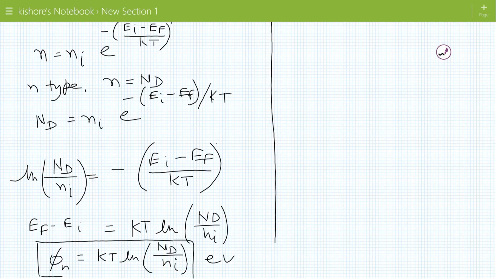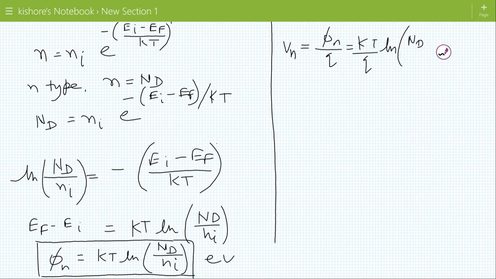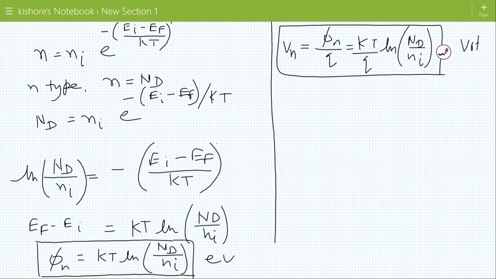Now, if we have to write this potential in volts, then this is phi n by q, or kT by q ln Nd by Ni. This is the expression for the electrostatic potential of an n-type semiconductor in volts.